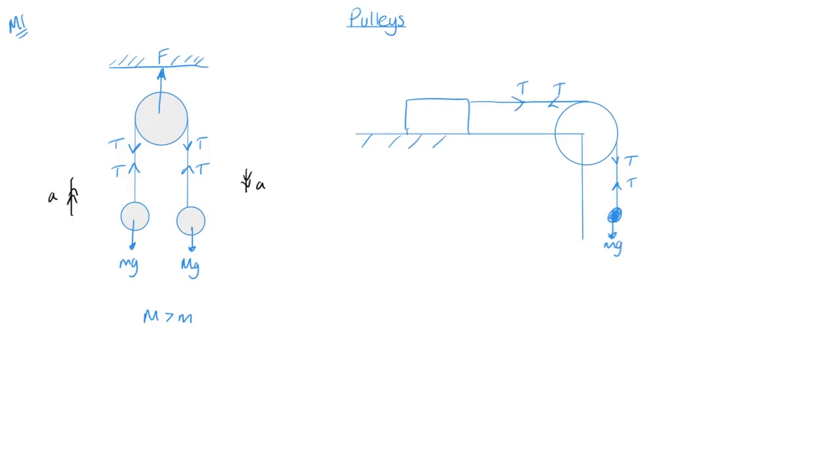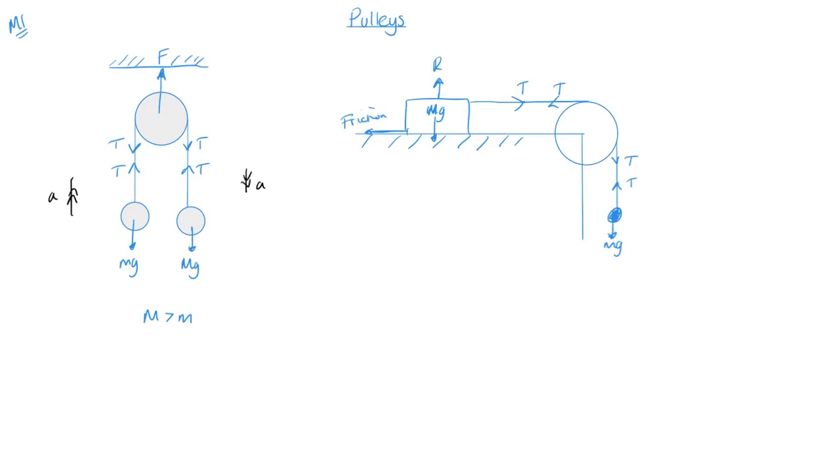And maybe this might be on a rough surface, and this will be my friction, my frictional force that way. Okay, so that'll be mg or capital Mg, and a reaction force there. So those are the two styles of questions that we are going to be looking at.